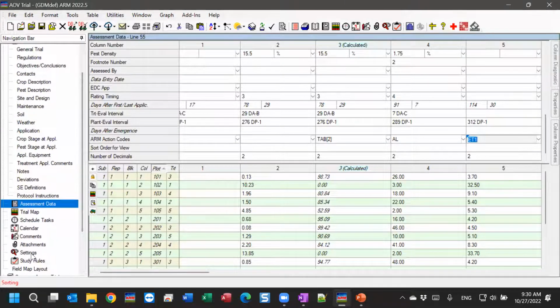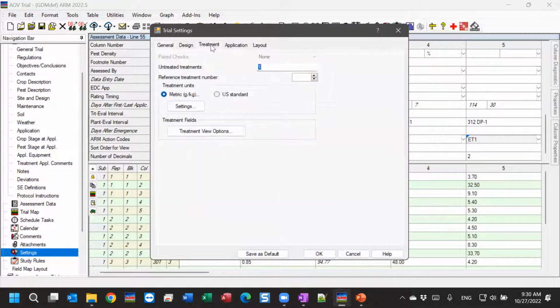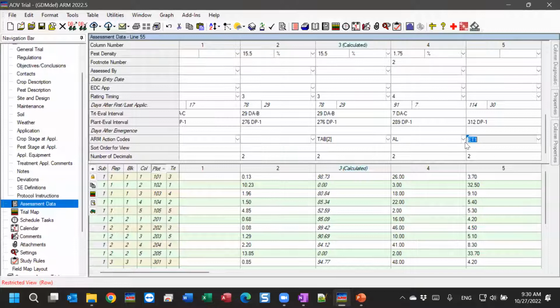If you view your trial settings, you can tell ARM in the treatment section what treatment number is your untreated. In some cases, maybe you have multiple, maybe 2 different checks in your list, so you wanted more checks across the field or something. You can have multiple, and that EC will make sure to drop out the ones marked as the check.